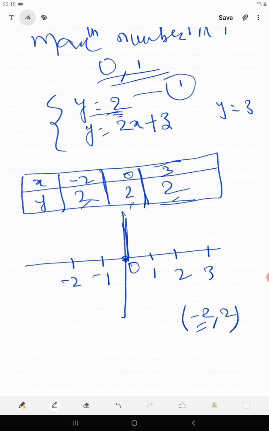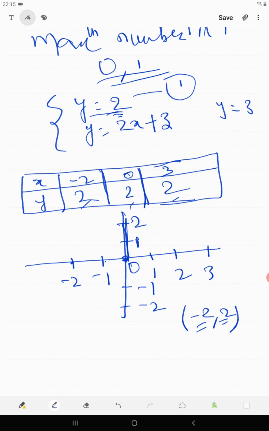What is the first point we have? X is -2, so we go in the left direction up to -2. Now go in the positive direction for y, 2 units. This is y direction 1 and y direction 2, and this is y direction -1, y direction -2.